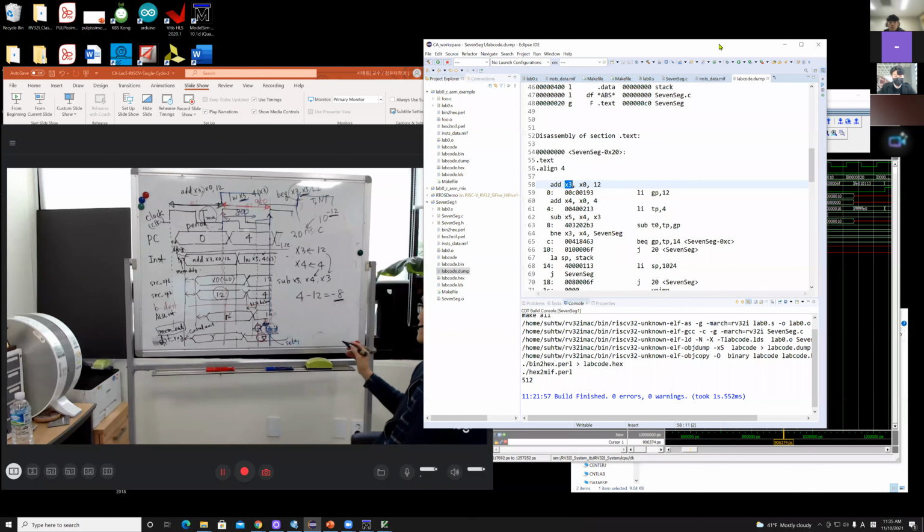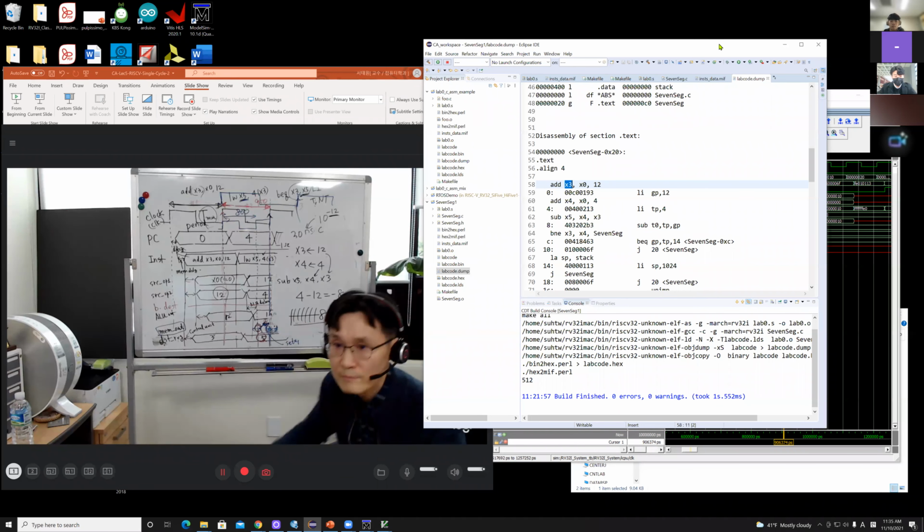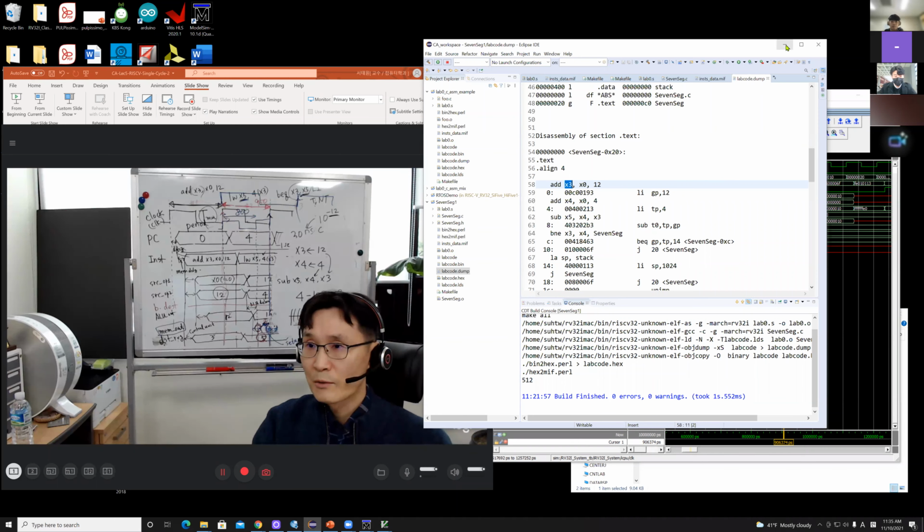So what is minus 8 in a computer? 2's complement notation. If you do the math, that will be 7F's and 8. Starting with 8, you flip all the bits, then add 1, so you will get this one.